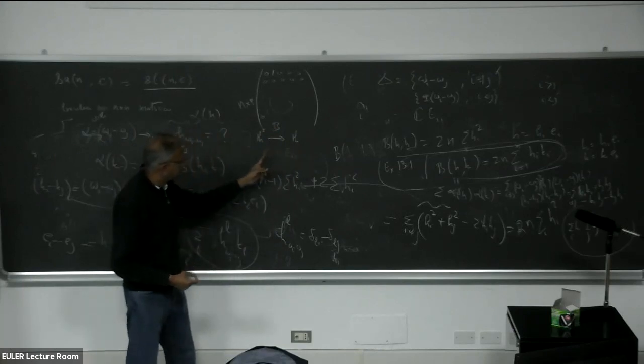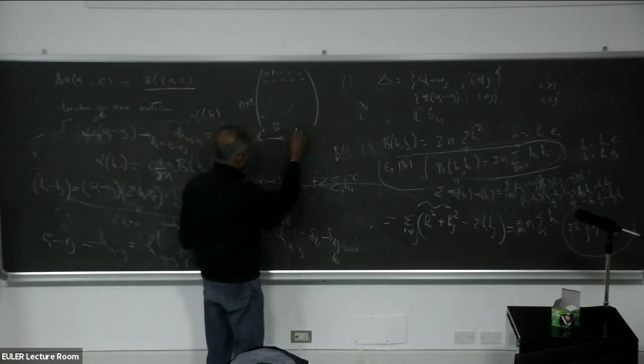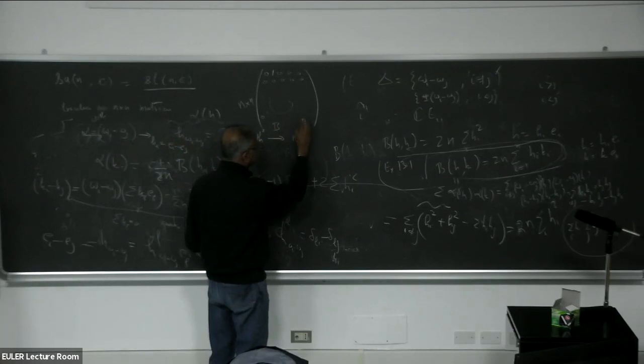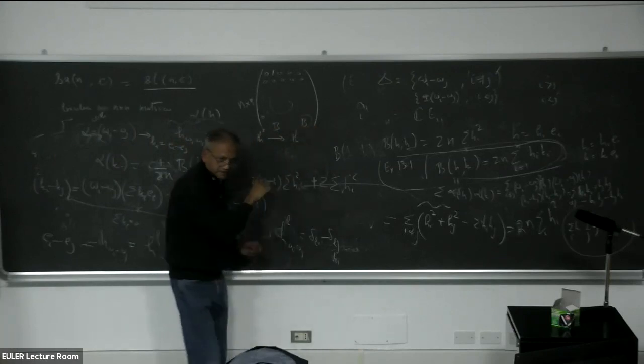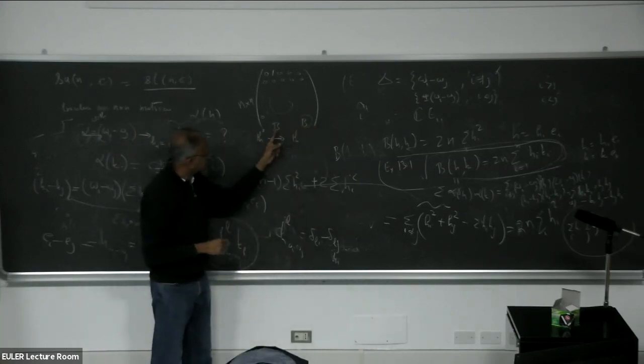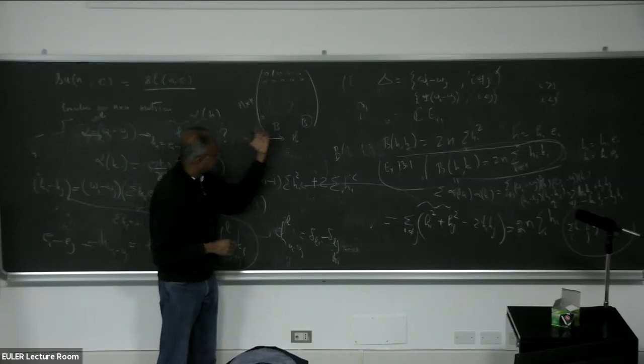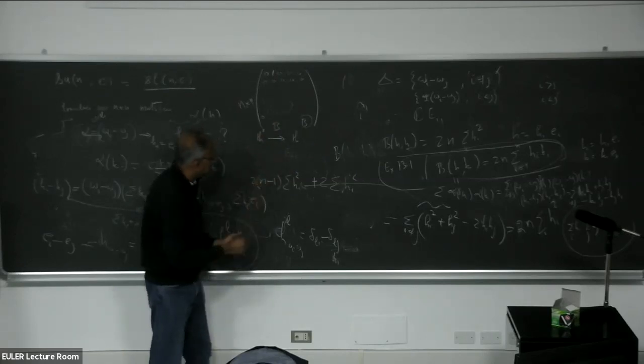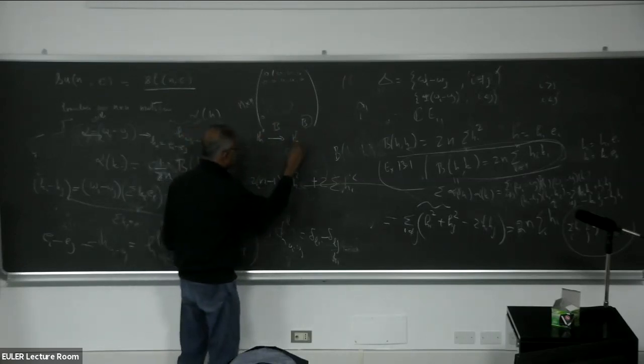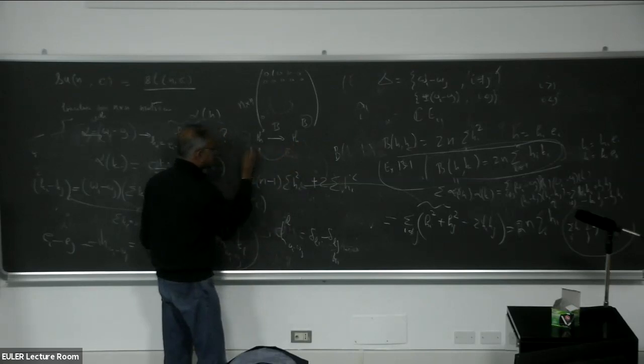B was defined here. This was the metric in the Cartan subspace, right? But using that metric, I could give a map between the dual vector space and the vector space. But we can do one more step. We can use this definition to define a metric on the H star itself.